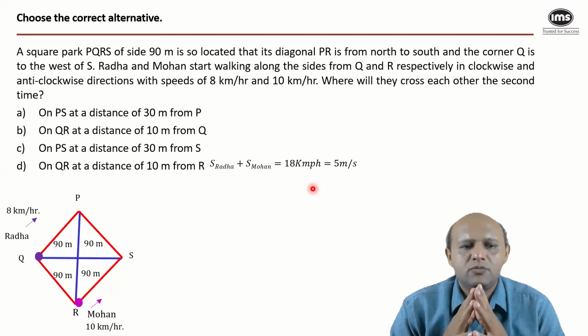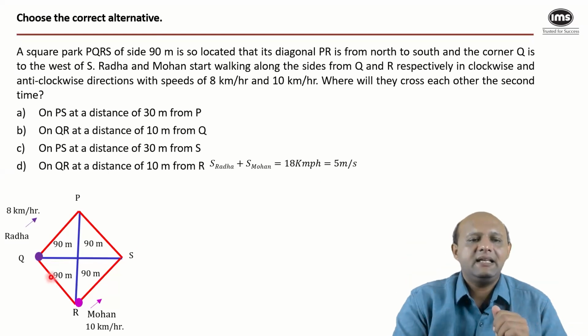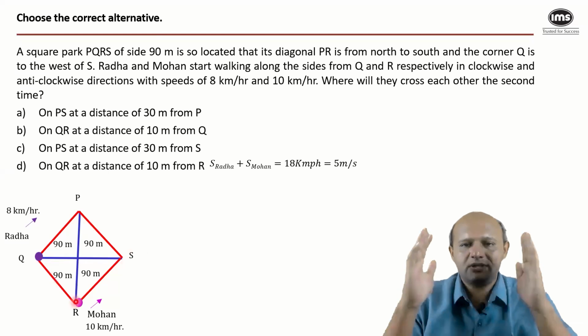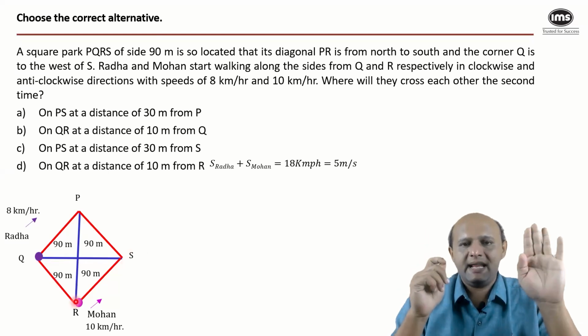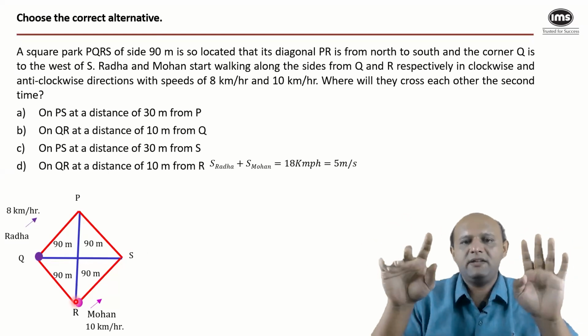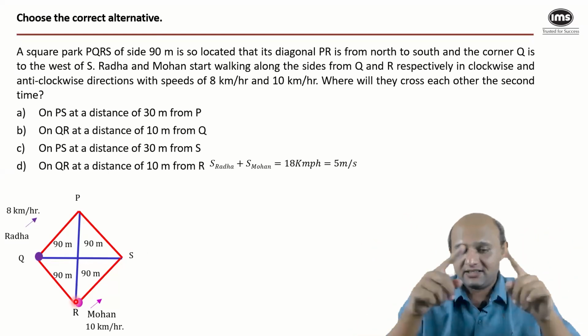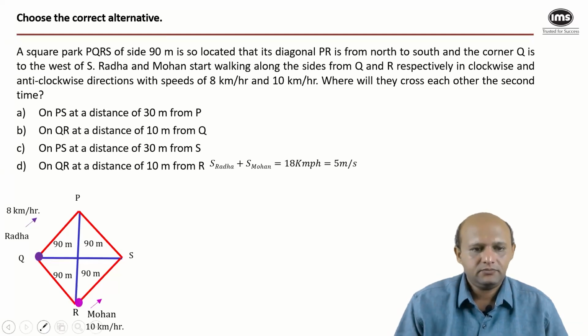So just to put things into perspective, if two people are separated by a distance of 90, 90 and 90, which is 270 meters, the ratio of their speeds are what? 8 and 10. So therefore the ratio is 4:5. So 4:5 is to 9, and they're separated by a distance of 270. So when would they meet?